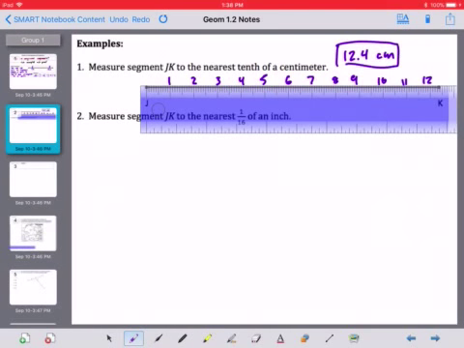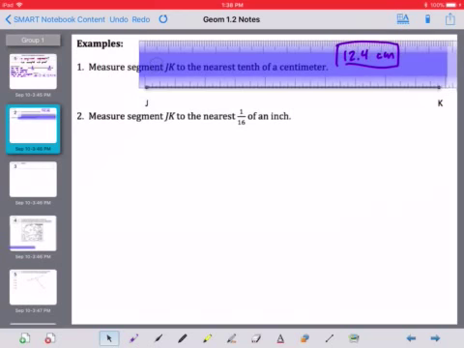In example 2, we're going to simply flip over and use the inches side. I'm going to erase these numbers so I don't get confused. Inches are in 16ths. These small tick marks are 16ths, then the next are eighths, the next are quarters, and then halves.